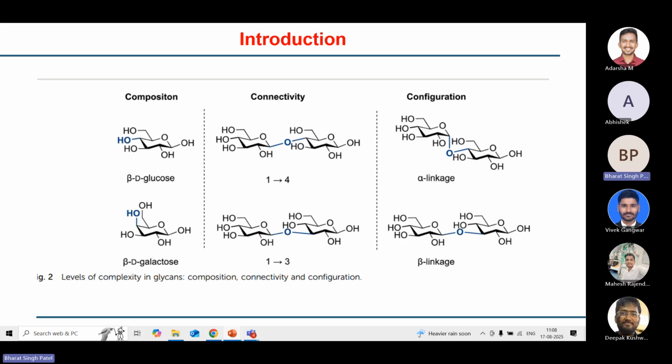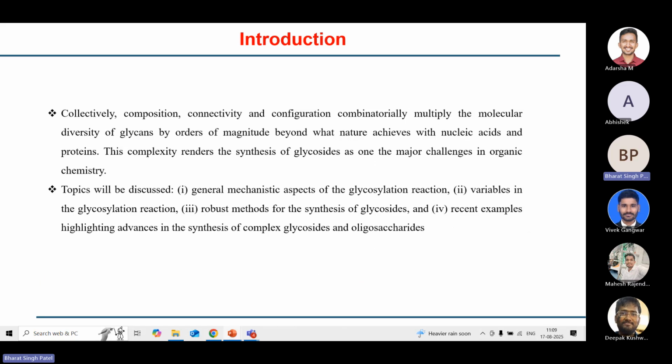Here we can see glucose and galactose, where just changing one hydroxy group orientation, together with the connectivity, leads to different sugars: beta 1,4, beta 1,3, and the configurations alpha and beta. These can collectively be modified in a number of ways.